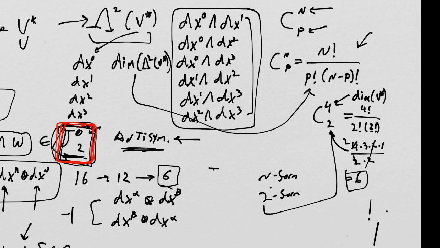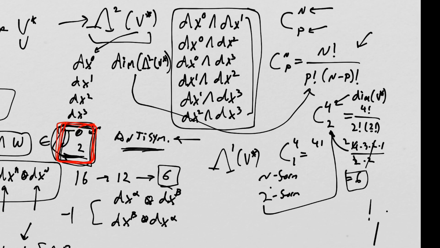Now the first exterior power, which is the set of all 1 forms, right? The dimensionality of that is going to be C(4,1), which is 4, right?